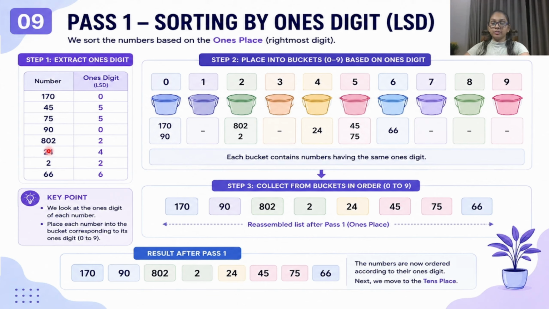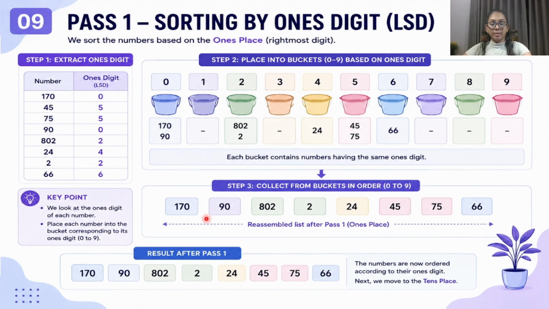Next, 802. The last digit is 2. So 802 goes into bucket 2. Next, 24. The last digit is 4. So 24 goes into bucket 4. Then 2. Its only digit is 2. So its ones digit is also 2. Therefore, 2 goes into bucket 2. So finally, 66. The last digit is 6. So 66 goes into bucket 6.